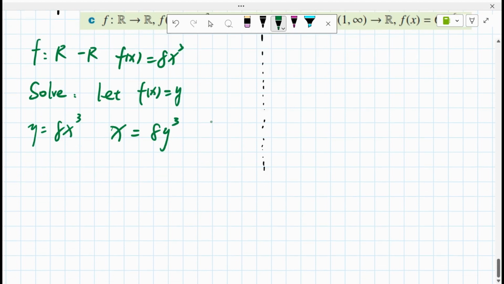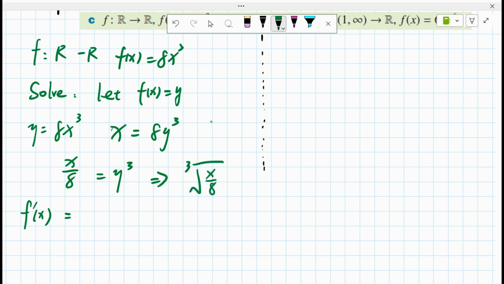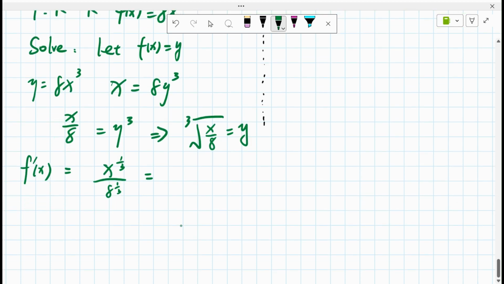Perfect, and then we keep going: x over 8 equals y cubed. Taking the cube root of both sides, x to the 1/3 over 8 to the 1/3 equals y. If we simplify that, 8 to the 1/3, by the way, another algebra knowledge, is equal to 2, because 2 cubed equals 8.